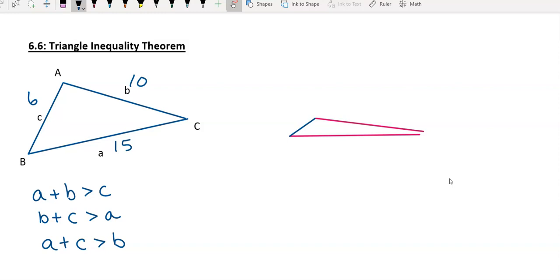The other thing we said at the beginning of class was, what I want you to remember is that the longest side is always opposite the biggest angle. So if A is the biggest angle, then this side opposite A has to be the longest side. So looking at these numbers that I gave you, the 6 and the 10 and the 15, which one of those angles would be the biggest angle?